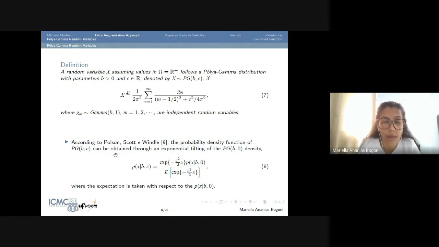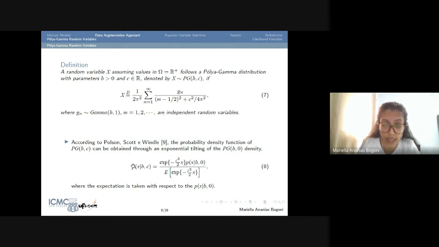Polson also provided an expression for the probability density function of a Pólya-Gamma random variable with parameters b and c, through a particular case of a Pólya-Gamma with parameter c equal to 0.